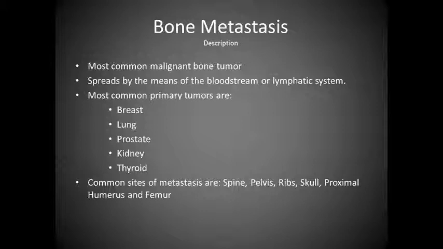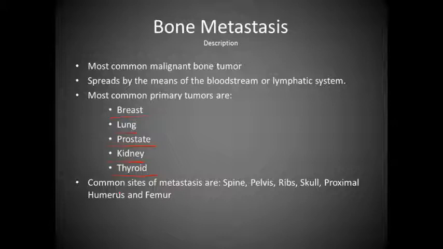So that brings us to bone metastasis. Bone metastasis is the most common malignant bone tumor, and it spreads by means of the bloodstream or the lymphatic system. The most common primary tumors are from the breast, lung, prostate, kidney, and or thyroid. All of these will typically result in bone mets.